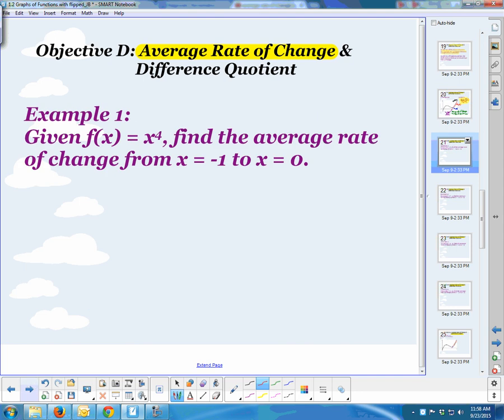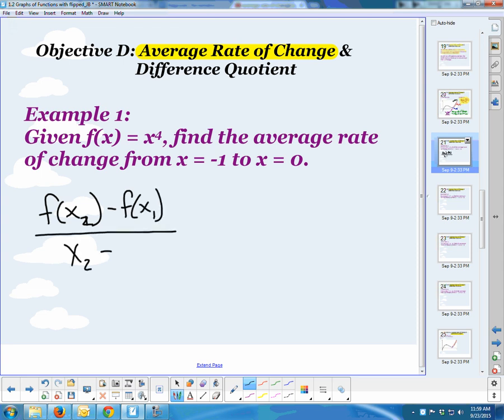All right? So here's a quick example that we're going to work our way through. Given f of x equals x to the 4th, find the average rate of change from x equals negative 1 to x equals 0. So our formula for average rate of change, just rewriting it to practice it, f of x sub 2 minus f of x sub 1 over x sub 2 minus x sub 1.